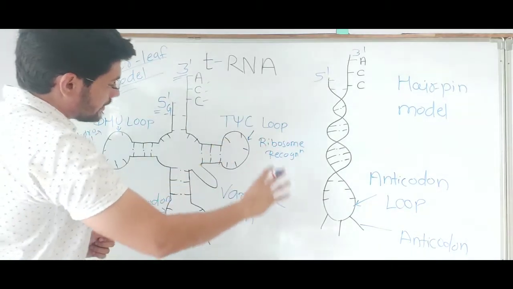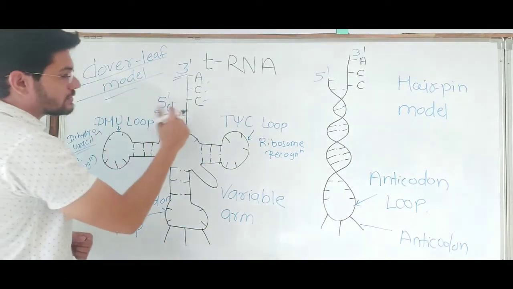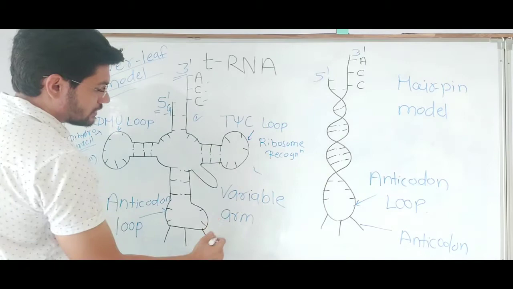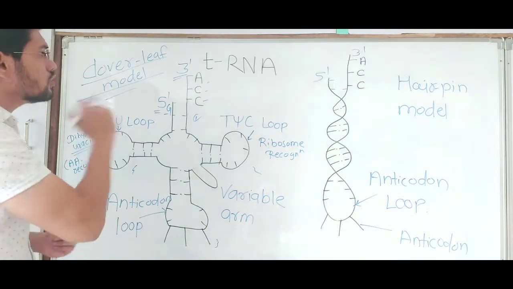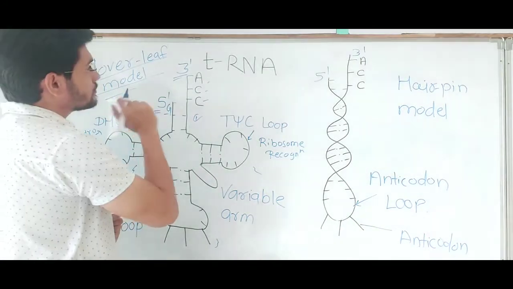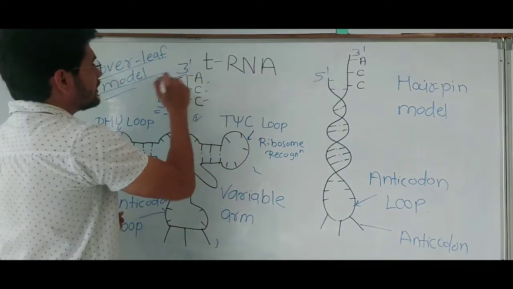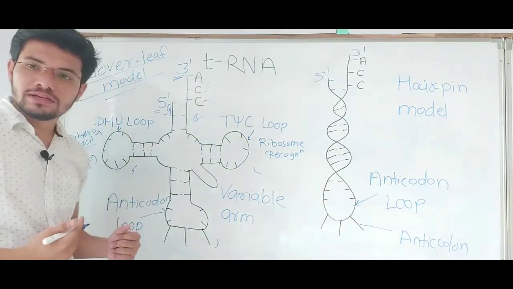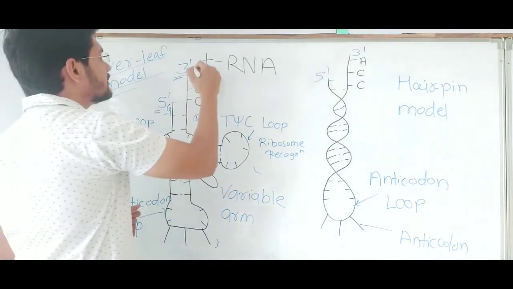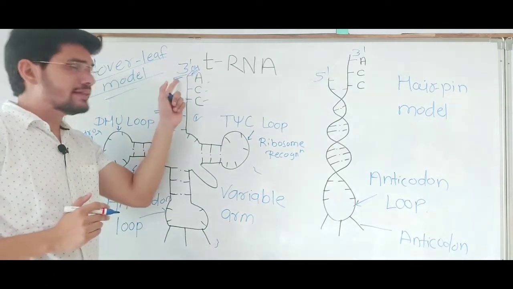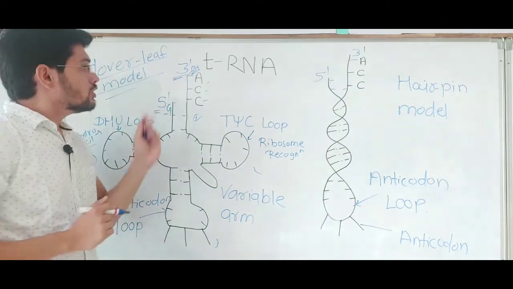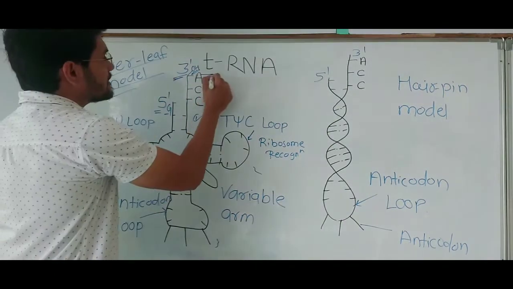And here you can see the 4 arms, 1, 2, 3 and 4 arms of the tRNA. At the first arm, it has a 3' hydroxyl end, so there will be a free hydroxyl group at the 3' end of the tRNA. So at this end the amino acids will bind.